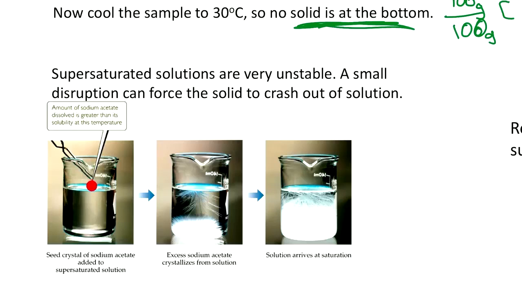In this picture, they're showing just a small little seed crystal of sodium acetate. Once you drop that into the solution, you see all of the excess solute that you tricked into staying in solution falls out of solution. All right, it precipitates out until you have a saturated solution again, which is stable. Right, supersaturated solutions are not stable and they're very hard to make.